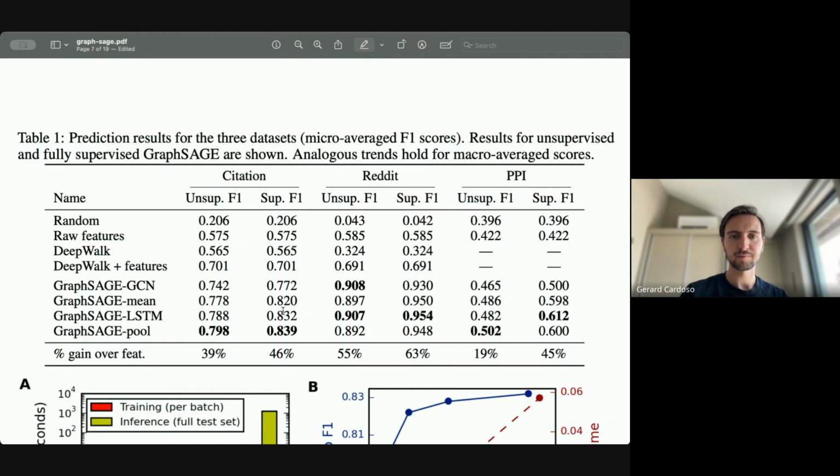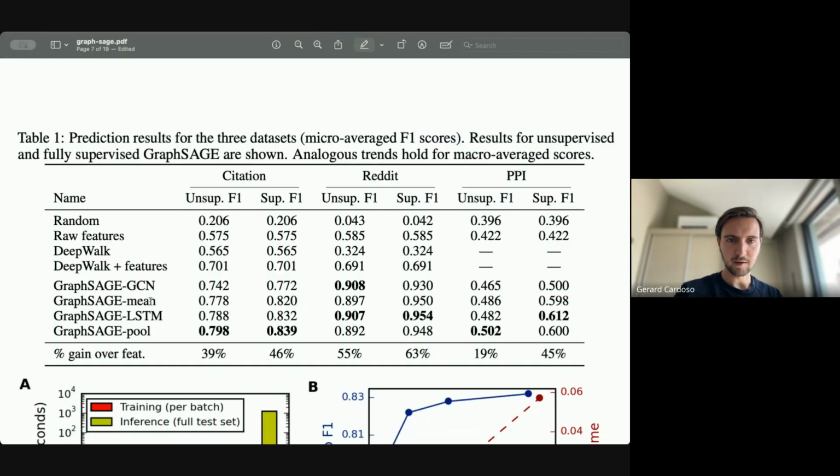There's a significant jump, particularly in the Reddit data set, from DeepWalk to GraphSAGE. And generally, the LSTM and the pool aggregations work better than the mean and the GCN.